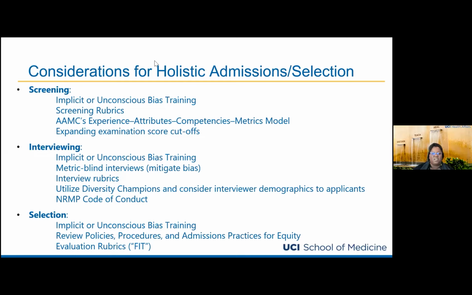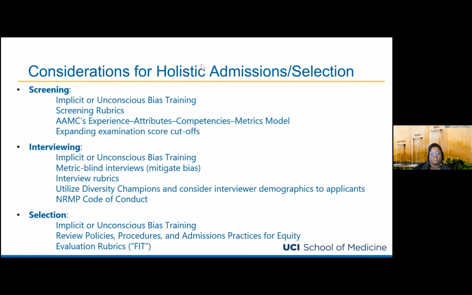And so training can ensure that, once again, everyone's on the same page when it comes to screening. Are we utilizing screening rubrics to understand, once again, what is our goal? Who do we want to recruit or retain? And how do we ensure that we're all looking at the same types of things related to the applicants that are being considered? Once again, we're going to look at the AAMC's EACM model.